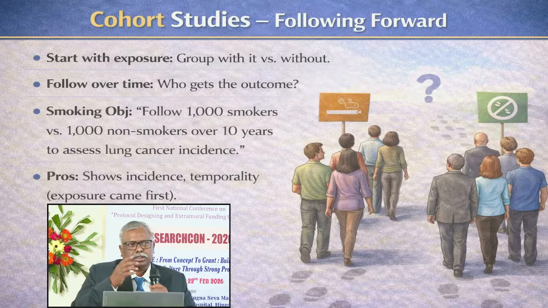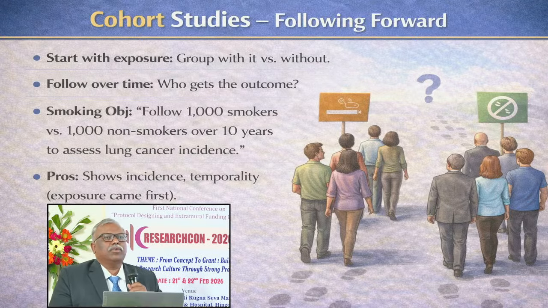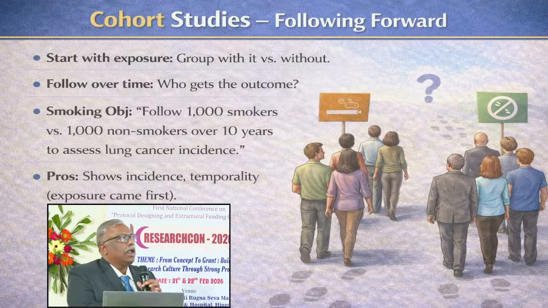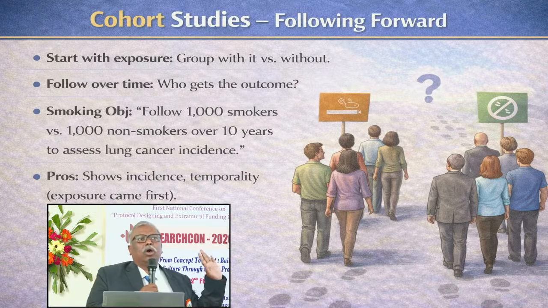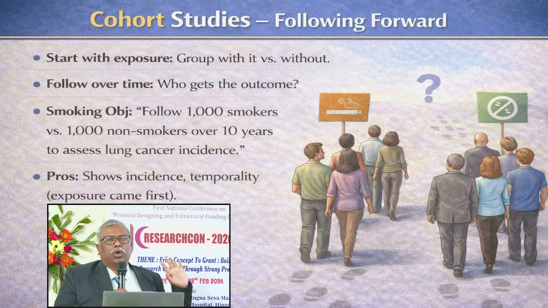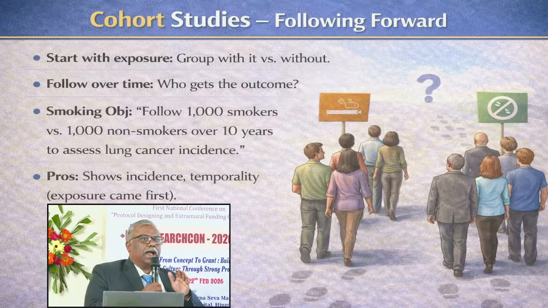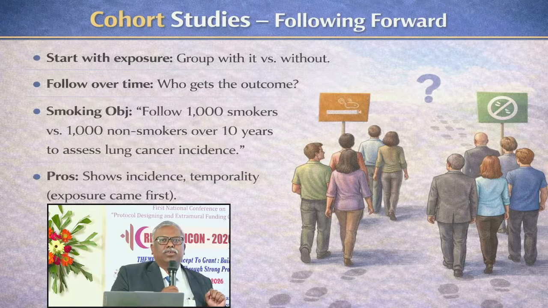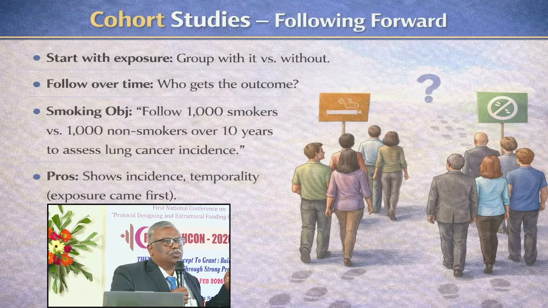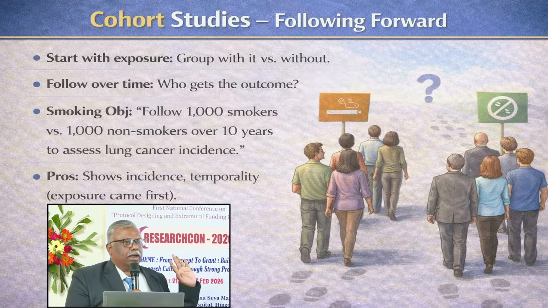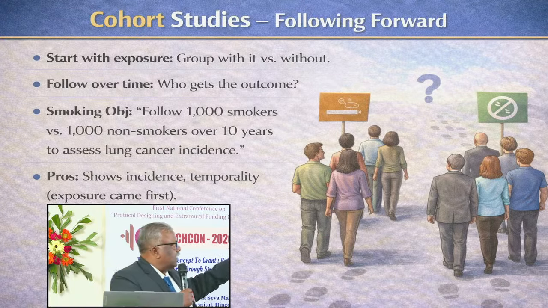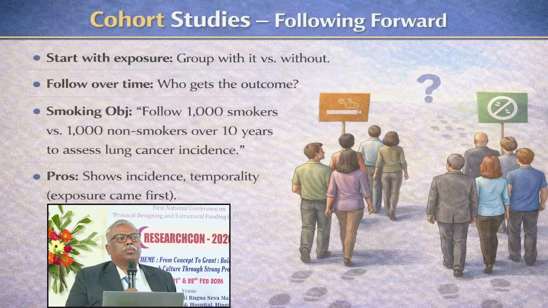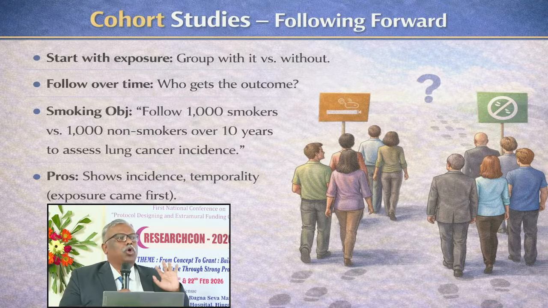Again, there are some healthy individuals. Right now, all are healthy individuals in the cohort study. If we categorize these healthy individuals, some are exposed to an exposure factor. For example, the smokers group is exposed to smoking.